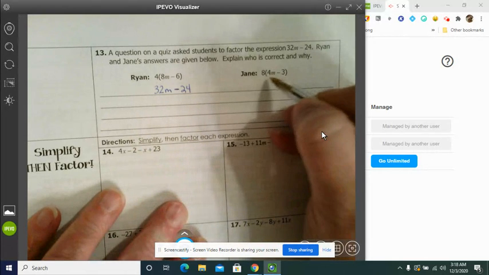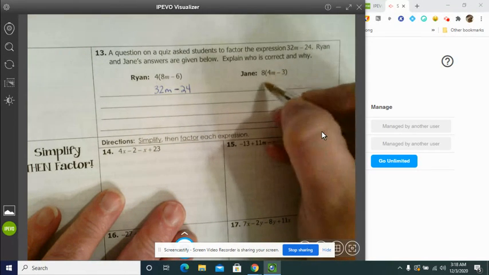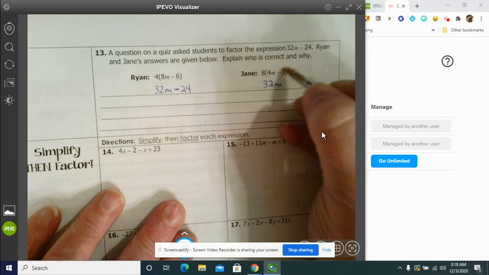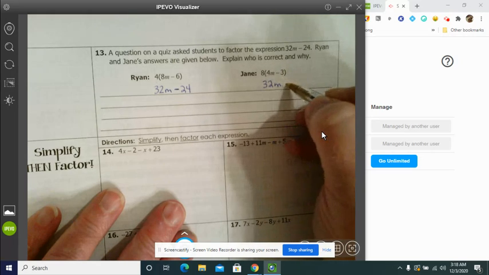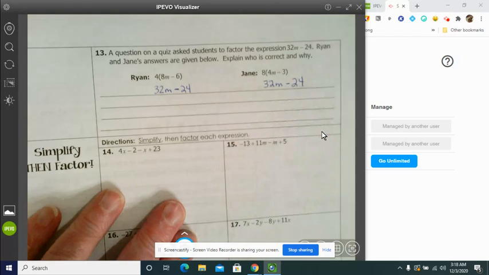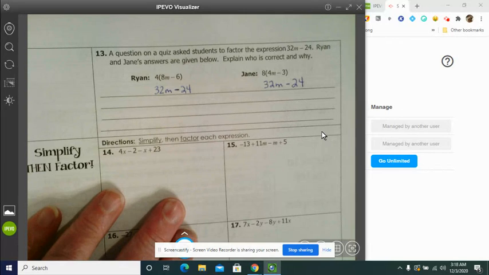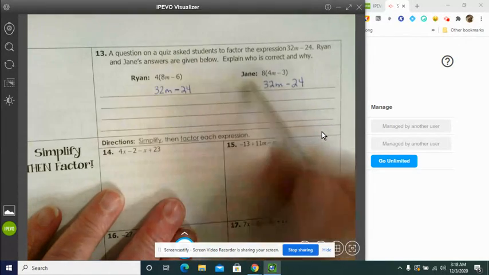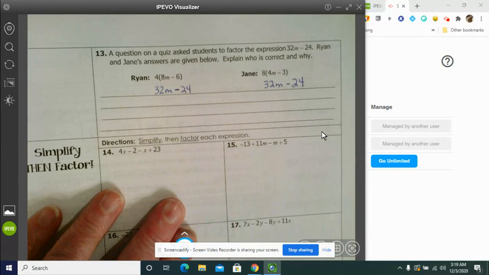Or Jane's will be 8 times 4m is 32m. 8 times negative 3 is also negative 24. So they both have the same answer, but they pulled out different numbers. So what do you think is the reason for that?